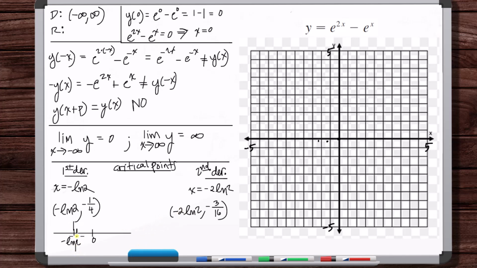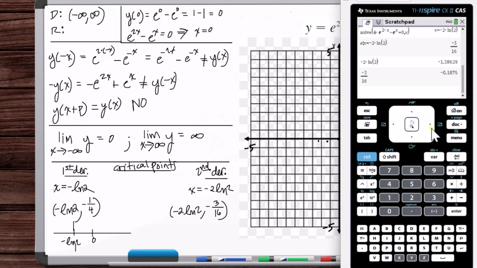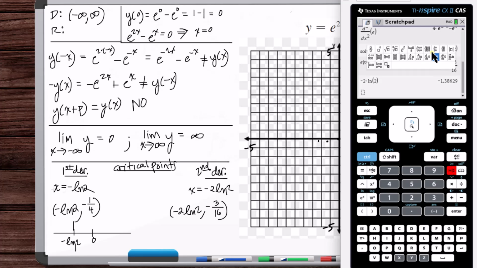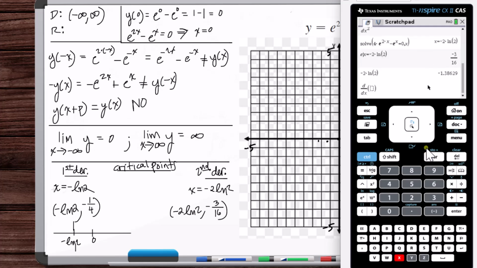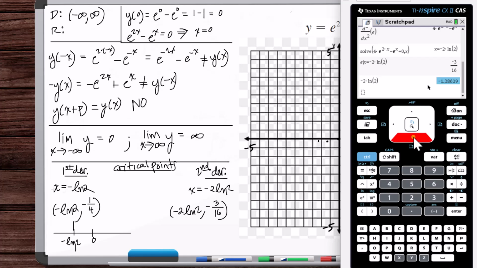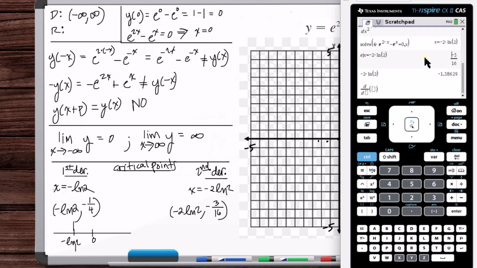And so we can only change signs across a critical point. All right, let's take the derivative with respect to x.